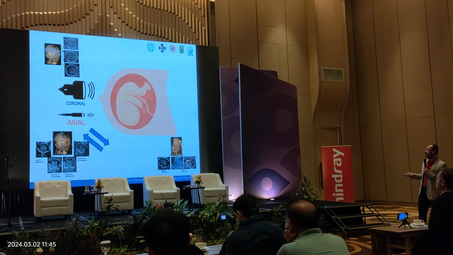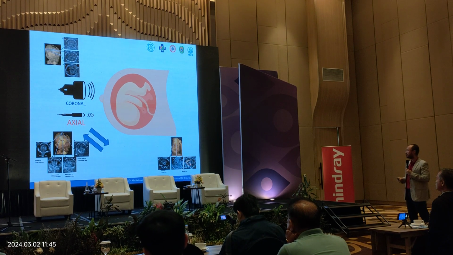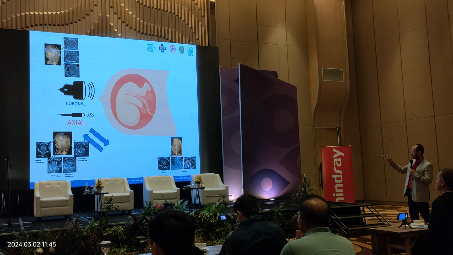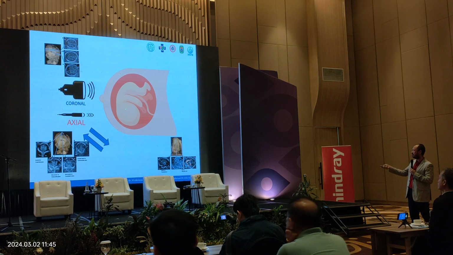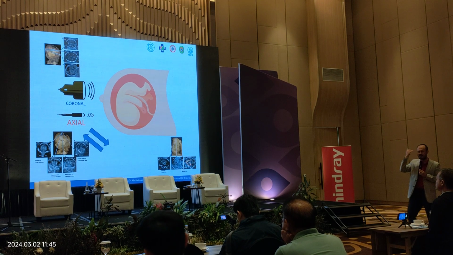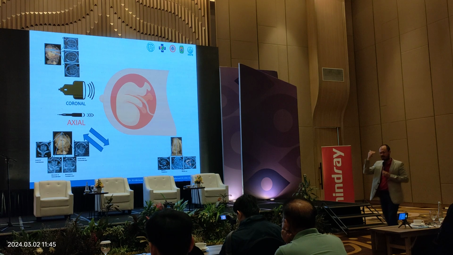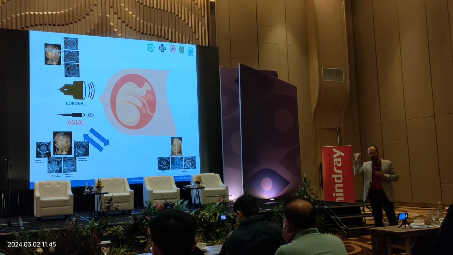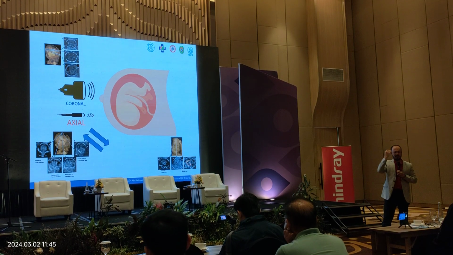So this one is like a picture to describe how, if we have a fetal head presentation, and we are slicing like here, we can only see the transthalamic plane, transcerebellar plane, and transventricular plane.